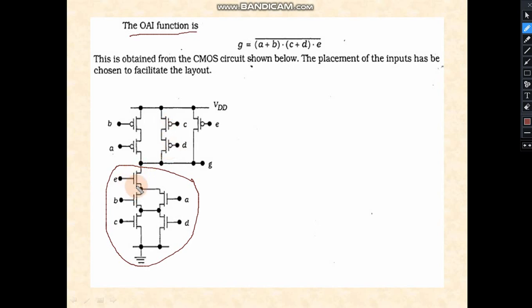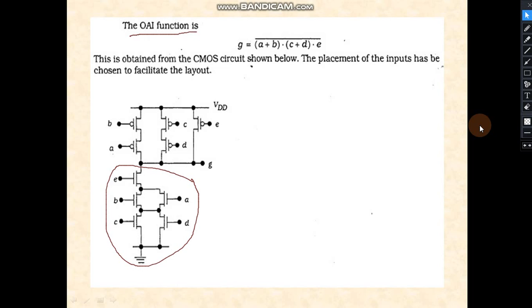And if E is in series in NMOS, it must be in parallel in PMOS. So this series combination of NMOS is represented as the parallel combination of PMOS. There is no requirement for an inverter because our expression is already the complement of A plus B dot C plus D dot E. So this is the representation of this expression, that is Y, with the help of the OAI function.